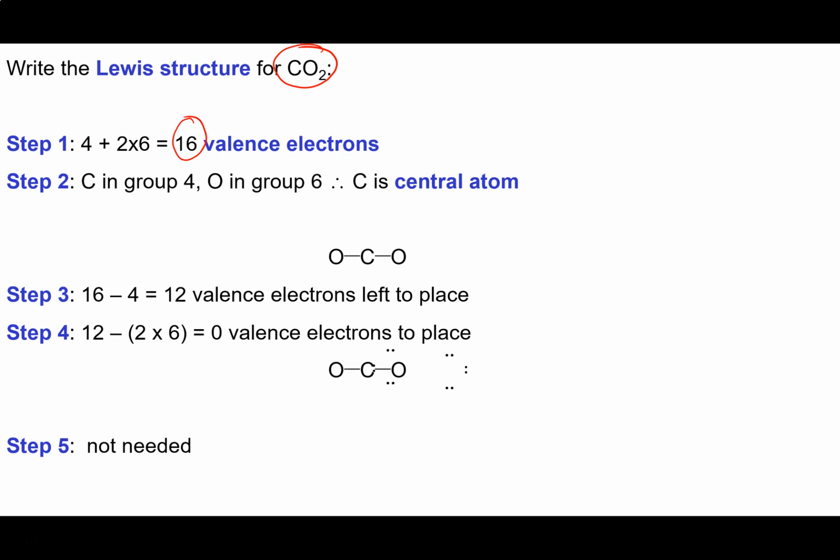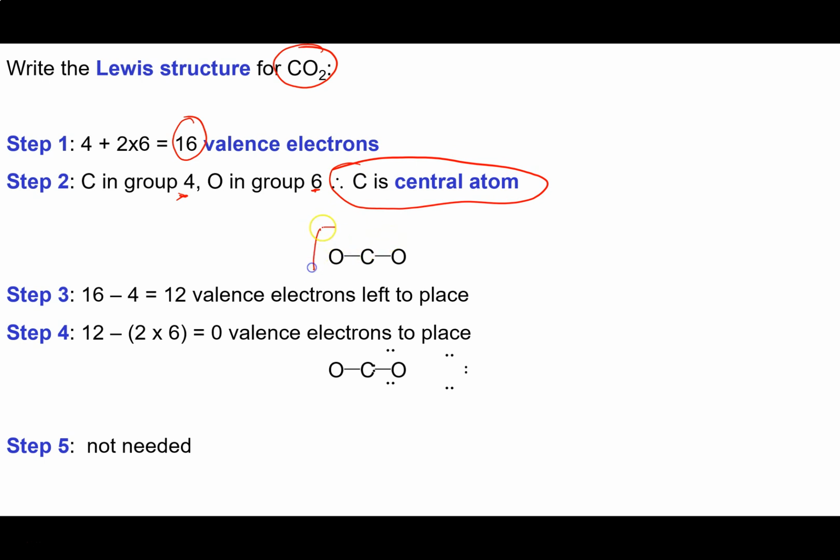Now I have to identify how my atoms are organized in space. So what atom is going to be the central atom is what I'm looking for, and what atoms are going to be on the outside. So carbon is in group 4, oxygen is in group 6, so therefore carbon is my central atom and my oxygens are on the outside.